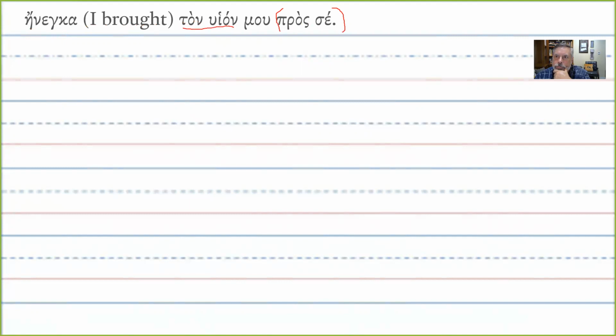Notice they're both in the accusative, and then my, it's going towards ton huion. So my son. So I brought, in English, here's my subject. It's embedded in the verb. I brought my son, and then this would be an accusative, to you. Se. Here's our accusative. Accusative, how about that? So I brought my son to you.